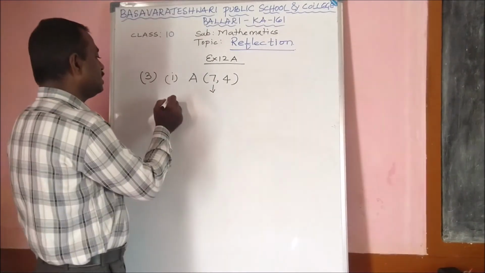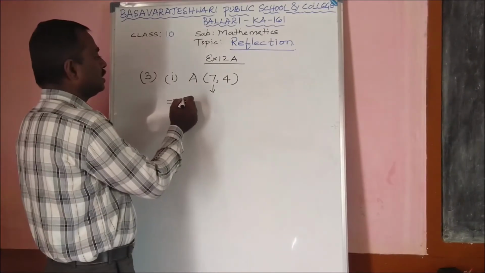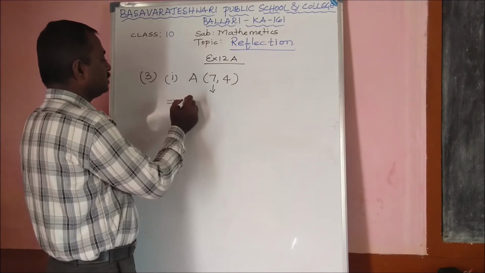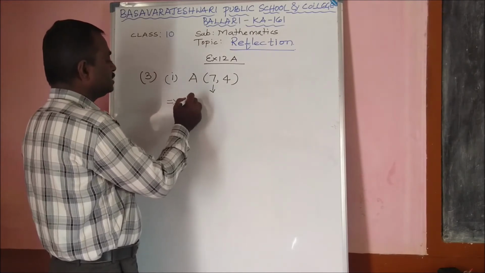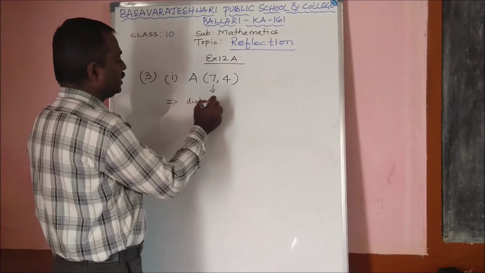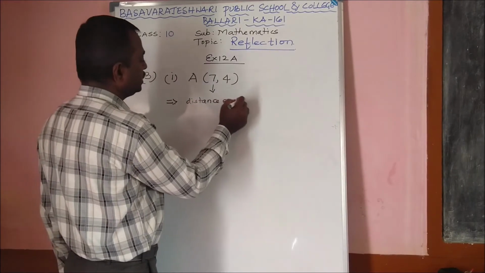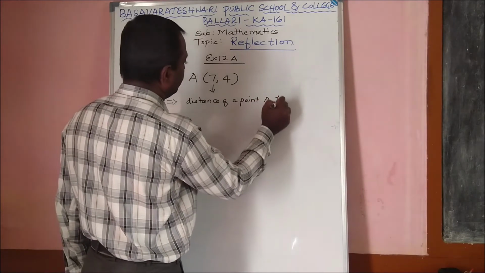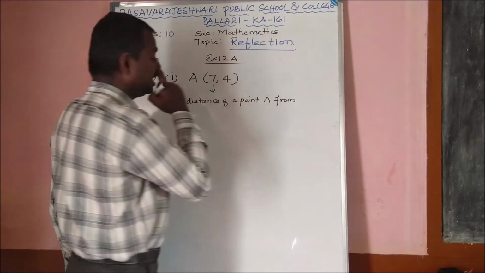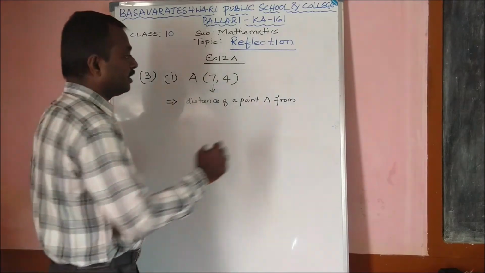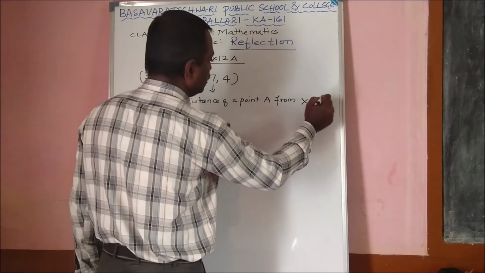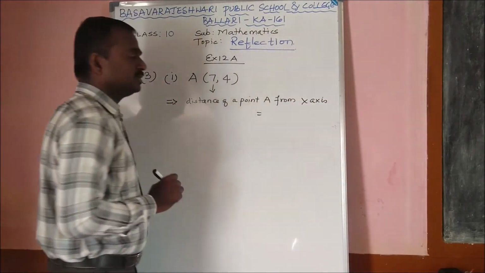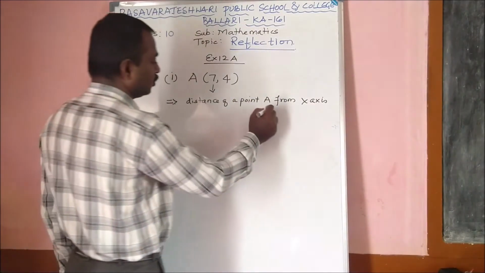So what does it show? Distance of point A from the x-axis is equal to 4 units.